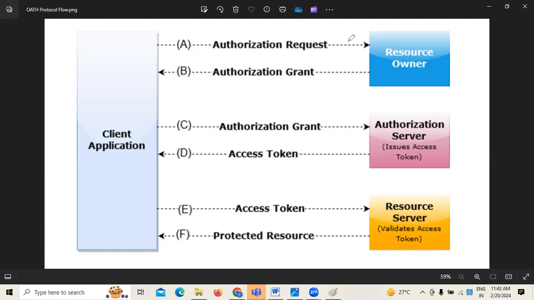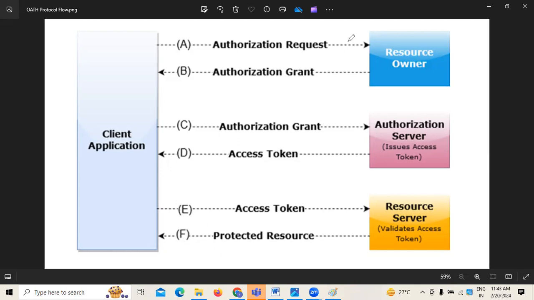So when it comes to the OAuth protocol flow, the interaction we create from the client application to the resource owner, authorization server or resource servers falls under these processes.